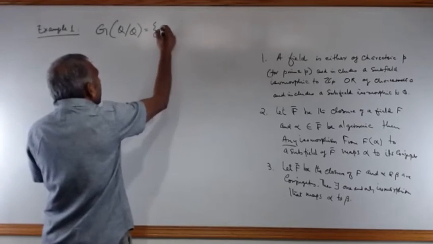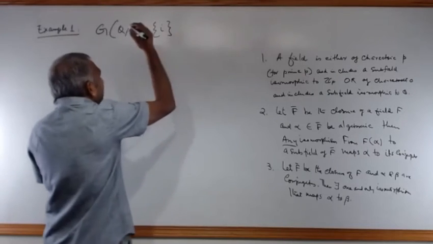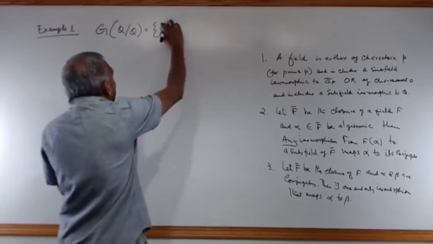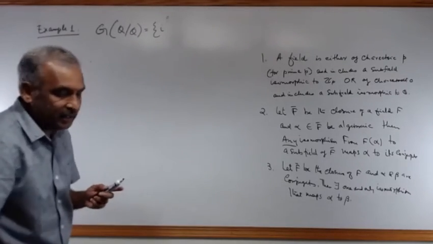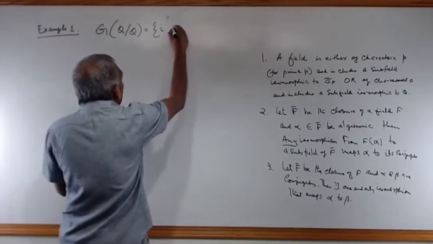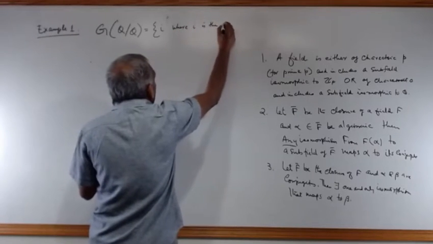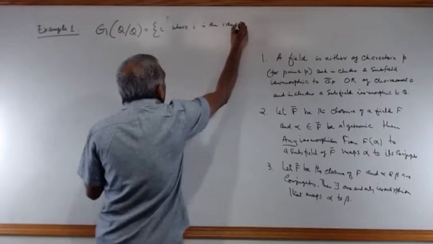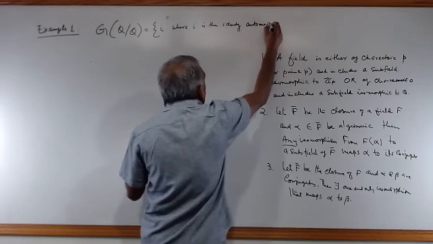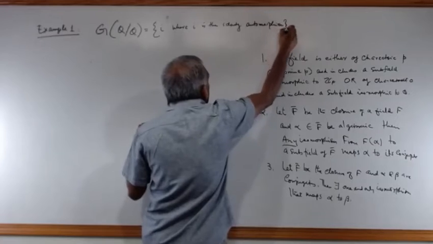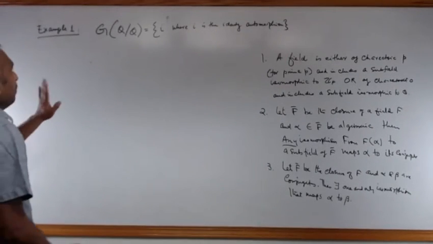There is only one automorphism, the identity automorphism I. So there is only one. That is very trivial.